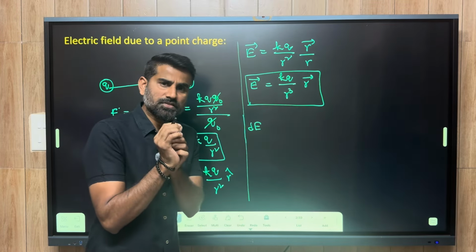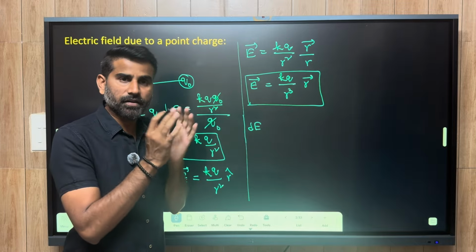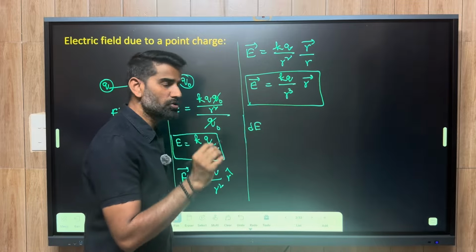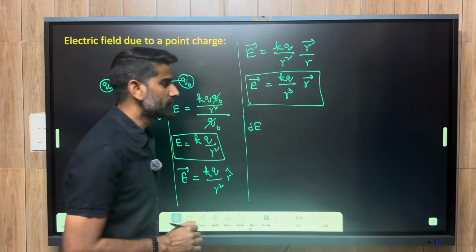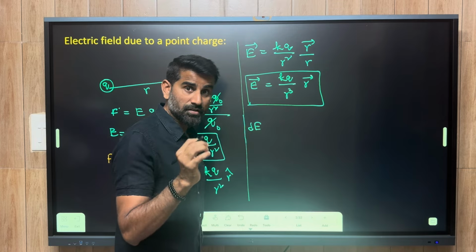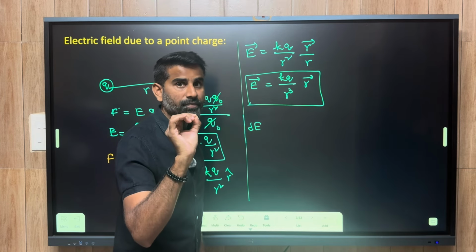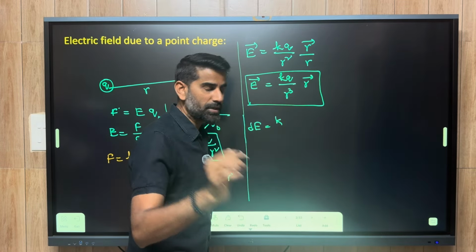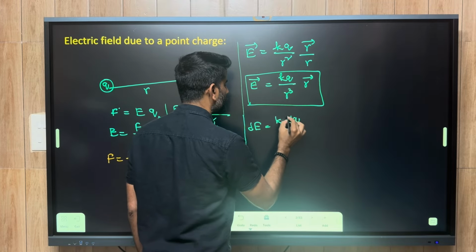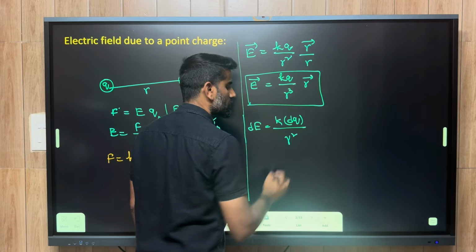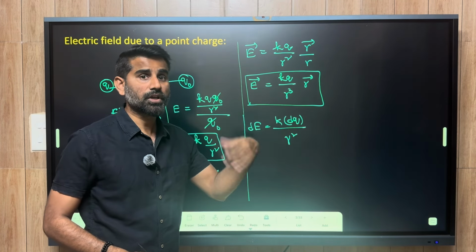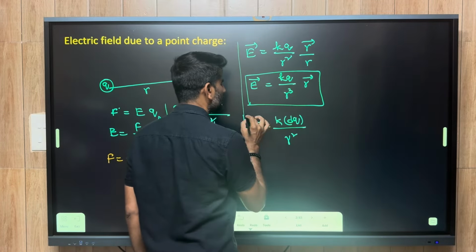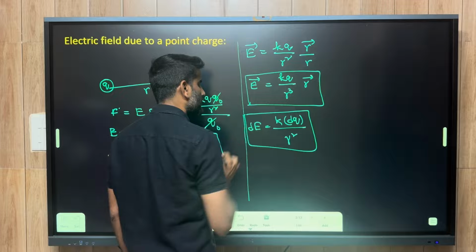Let's say I have divided a big object into small pieces, and I consider one piece with a very small charge dQ and measure the electric field due to that small piece. dE is equal to K dQ by R square, where R is the distance of the point where I am measuring the field.